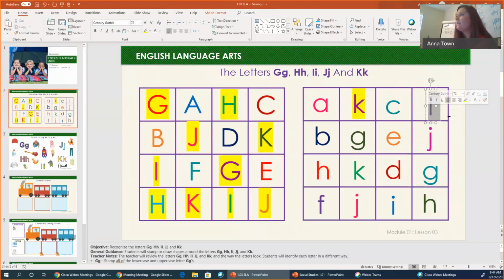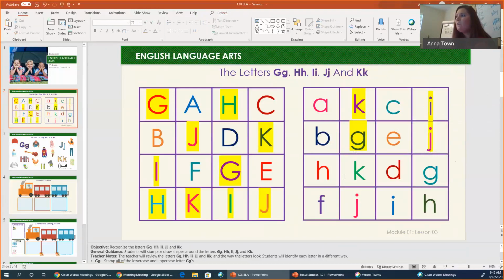We should have highlighted or pointed to this letter because it is a lowercase i. We would have left this letter because it is a lowercase b. We would have highlighted or pointed to this letter because it's a lowercase g. This letter is a lowercase e, so we would have left it. This letter is a lowercase j. We would have highlighted it.